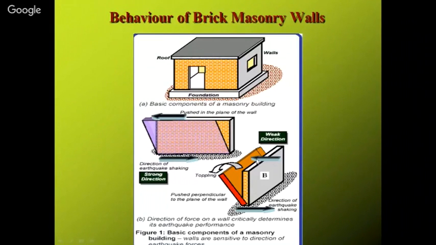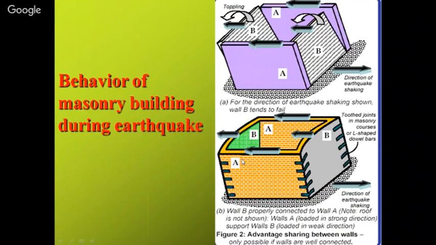You know, for inertia forces, if you calculate BD cubed by 12, then D is very small here. But in this case, D is very high, so the resistance to the force is very high. It is strong in this direction, but this wall is very weak in this direction. So this is called in plane and out of plane action of the force.